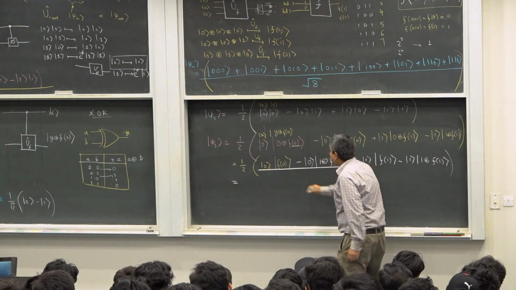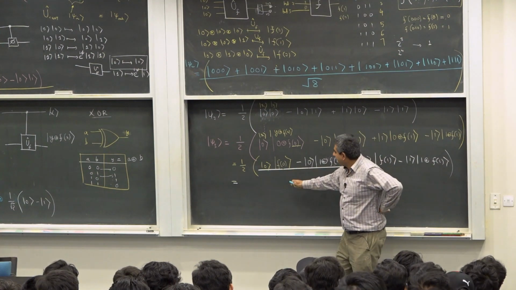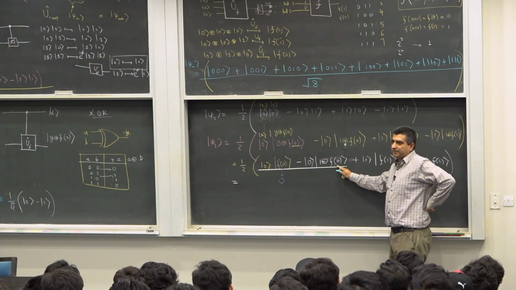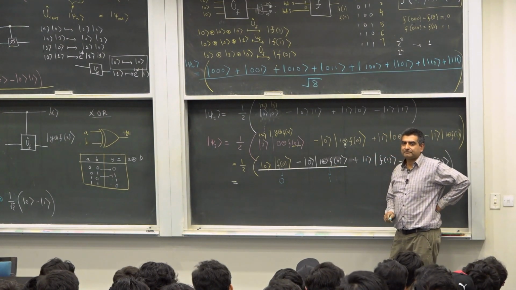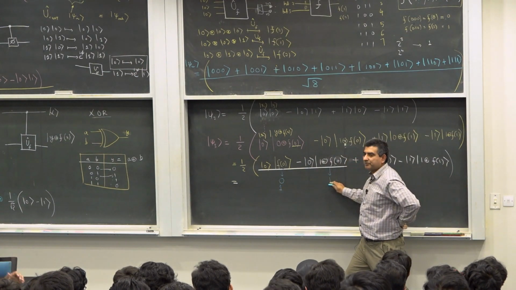If this term is 0, suppose f of 0 is 0. If this term were 0, what would this term be equal to? 1. If this term were 1, what would this term be equal to?